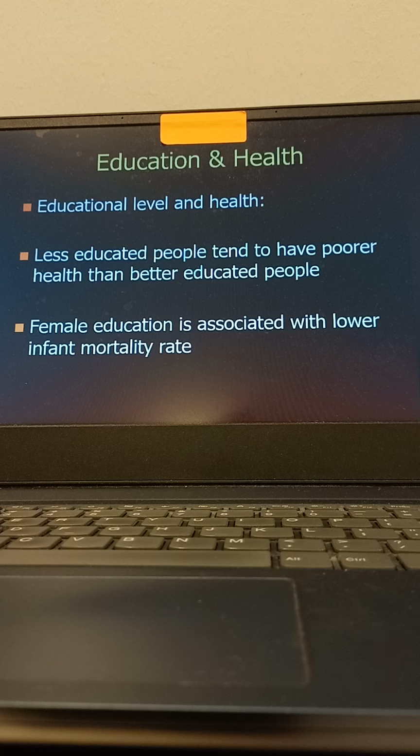So for example, if the mother has basic education, primary education, the chances of her infant dying before the age of 1 is lower, right, than those with no education or very little education.